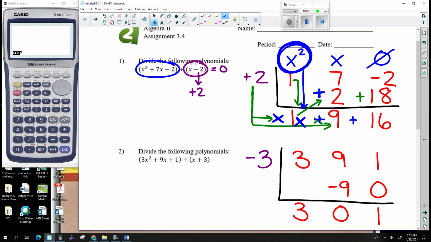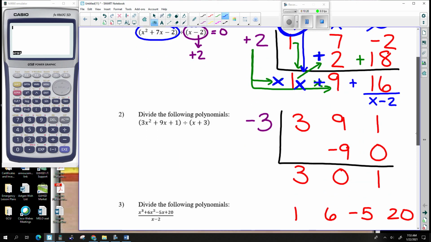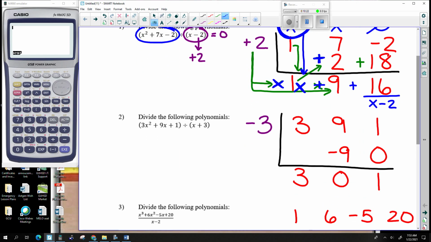And then this remainder, what you do is you write it as a fraction over what you were originally dividing by, which in this case is x minus 2. And so that's your answer. So my answer is 1x, or aka x, plus 9 plus 16 over x minus 2.